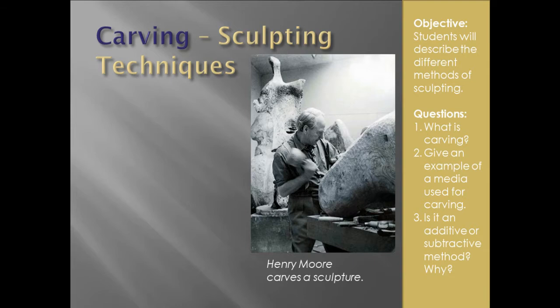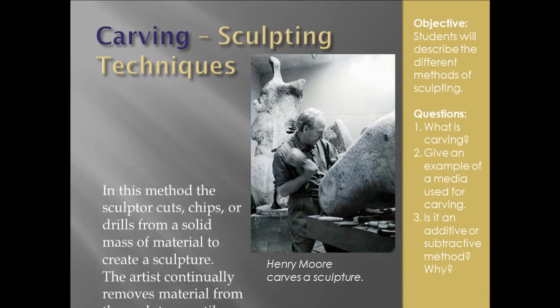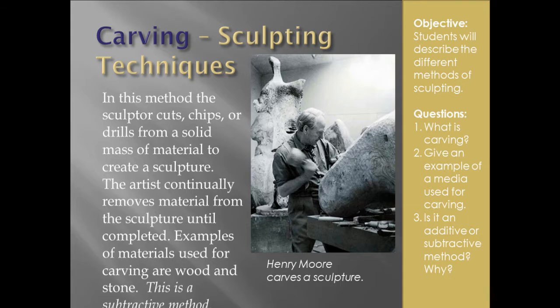The second type of sculpture technique featured here is called carving. In this method, the sculptor cuts, chips, or drills from a solid mass of material to create a sculpture. You can see here these big pieces of stone.